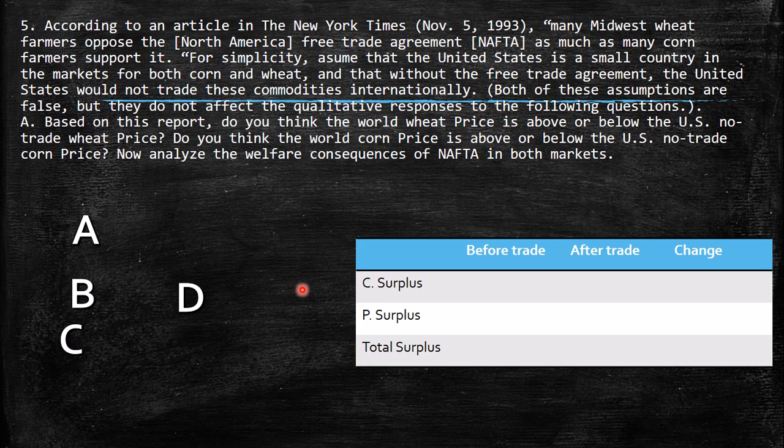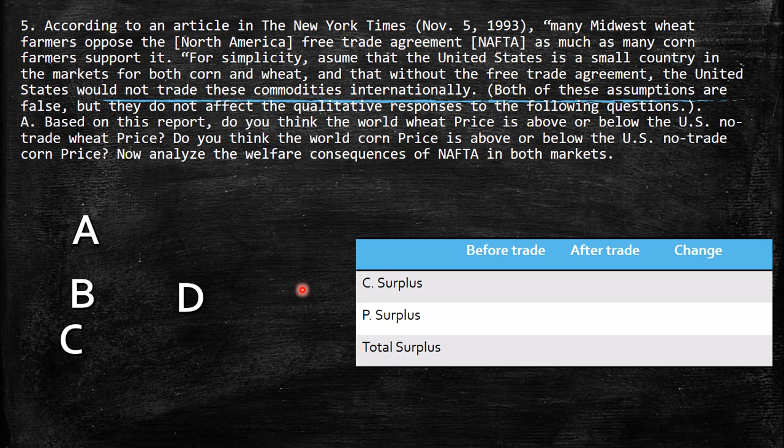For simplicity, assume that the United States is a small country in the markets for both corn and wheat, and that without the free trade agreement, the United States would not trade these commodities internationally. Both of these assumptions are false, but they do not affect the qualitative responses to the following questions.